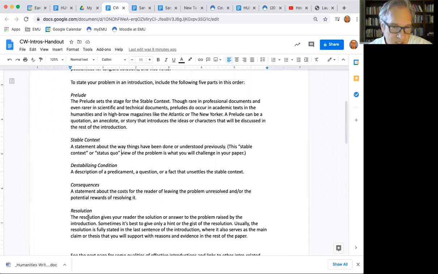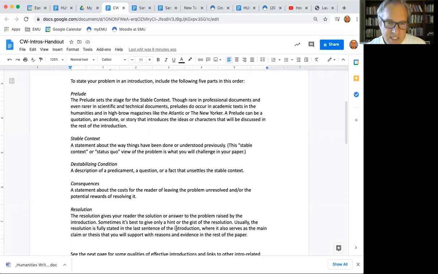And then the resolution, this gives your reader the solution or answer to the problem raised by the introduction. Sometimes it's best to give only a hint or the gist of the resolution. Usually the resolution is fully stated in the last sentence of the intro, where it also serves as the main claim or thesis that you will support with reasons and evidence in the rest of your paper.